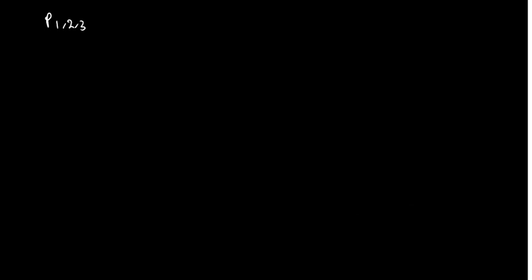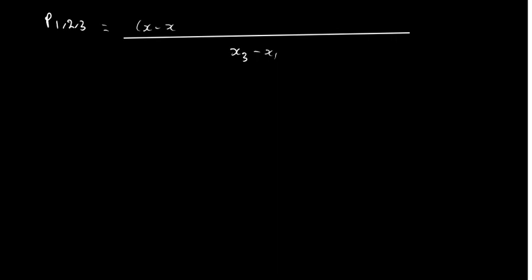It's going to be equal to, start off with the denominator. It's going to be x3 minus x1, then it's going to be x minus x1, then this is going to be p23 of x, minus x3, then this is going to be p12 of x.